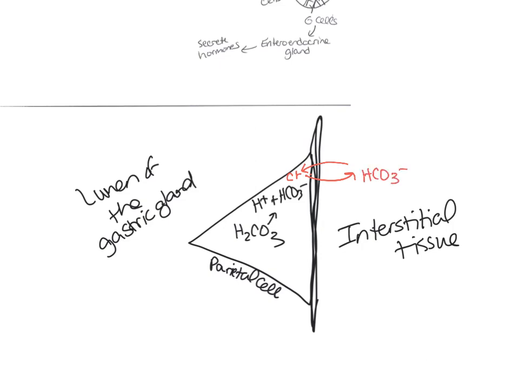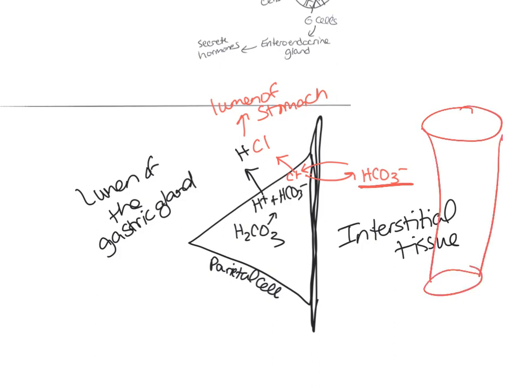Okay, and then from there, chloride can move into the lumen of the gastric gland, and hydrogen can move into the lumen of the gastric gland, and we end up with hydrochloric acid. Hydrochloric acid then moves into the lumen of the stomach, and then it's going to be able to help with digestion of proteins. Now, the bicarbonate that has moved into the interstitial fluid will then diffuse into the blood.